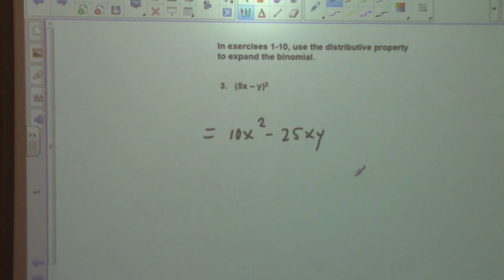I'll show you a shortcut on this too. Well, I tried to do the box method, and then instead of multiplying, I accidentally added, so I messed it up. Okay, so have you fixed it by now? Yes. What do you have now? 25x squared. Okay, let's fix this here, 25x squared.